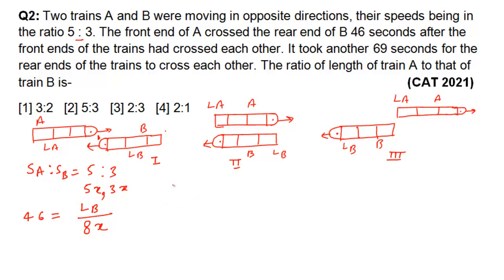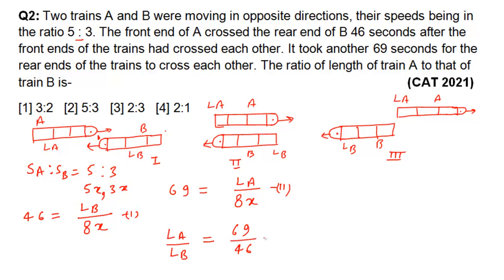Again I can write 69 seconds is equal to the length of train A divided by the relative speed, which is 3x plus 5x, that is 8x. So with the help of these two equations, we can find the ratio of the lengths of train A to B. We divide equation 2 by 1 and we get length of train A divided by length of train B equals 69 by 46.